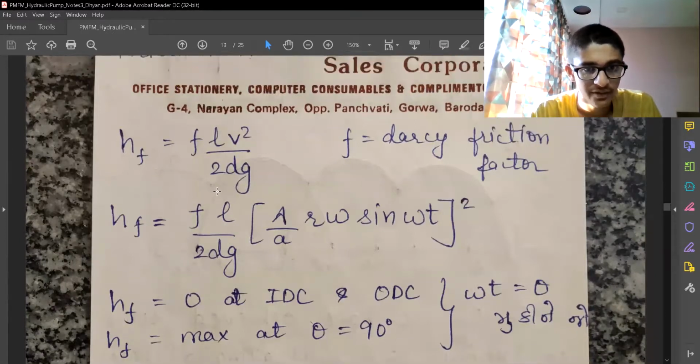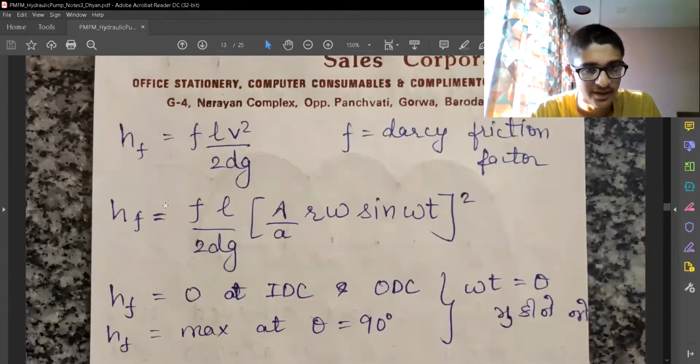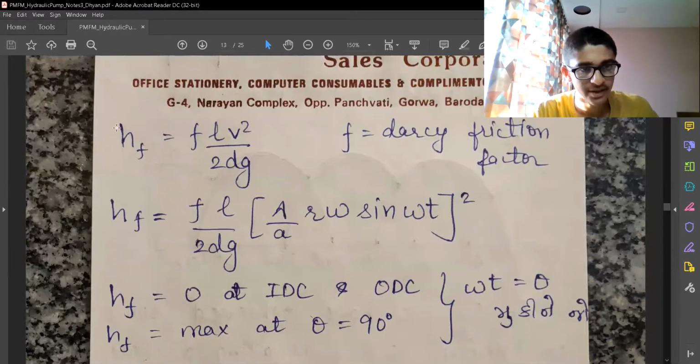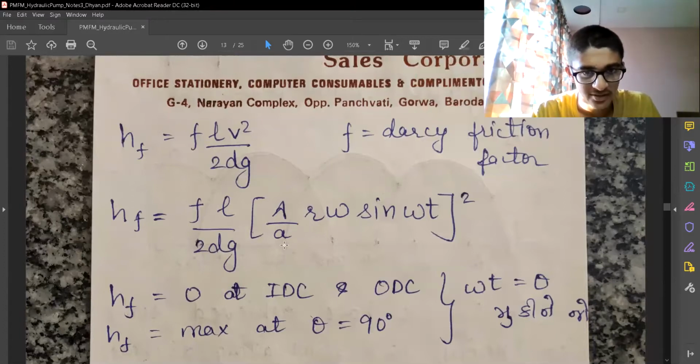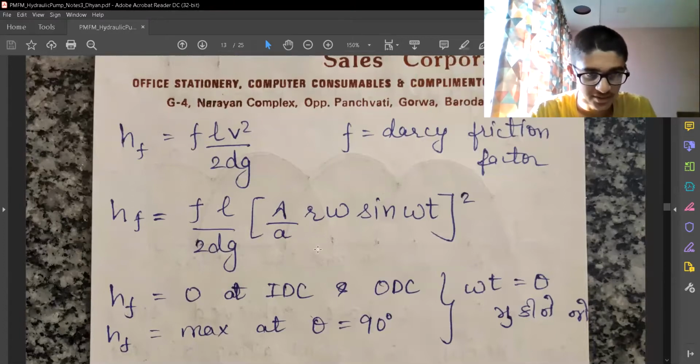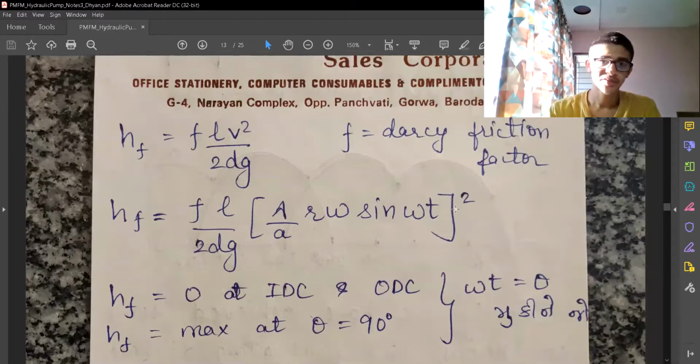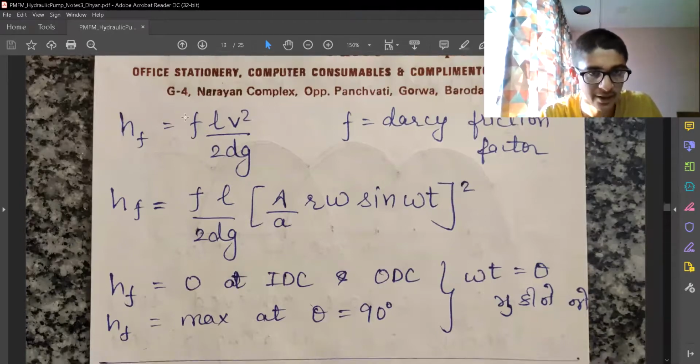And that's all. We can find things because we know the head. So hf can be found from f L v square by 2 d g, as I said earlier, and v square will be replaced by A by a into r omega sin omega t, where capital A is the cross-sectional area of the cylinder and small a is the cross-sectional area of the suction pipe and delivery pipe. r is the crank radius, omega is the rotational speed, and f is Darcy's friction coefficient.